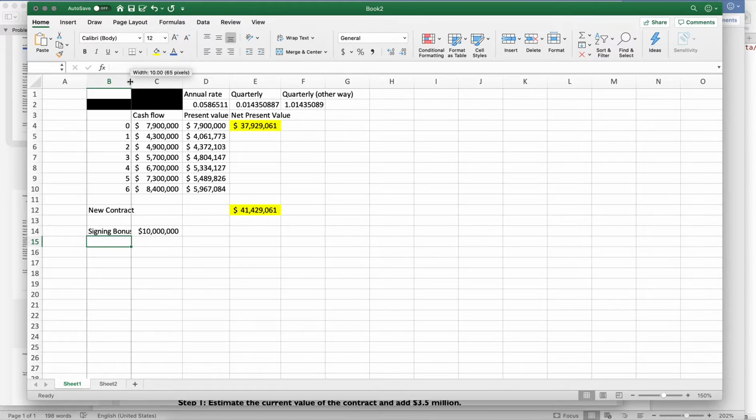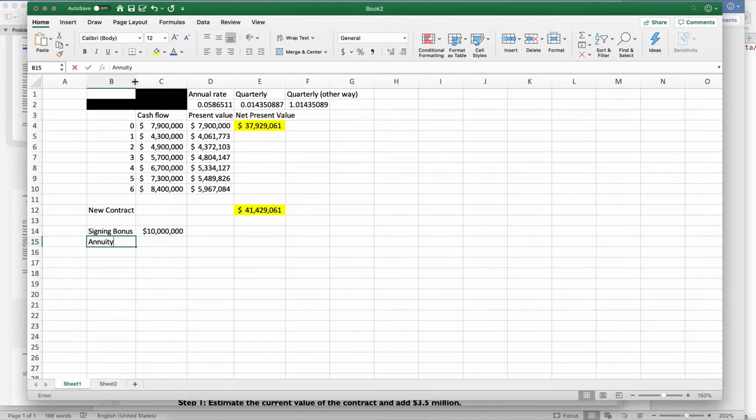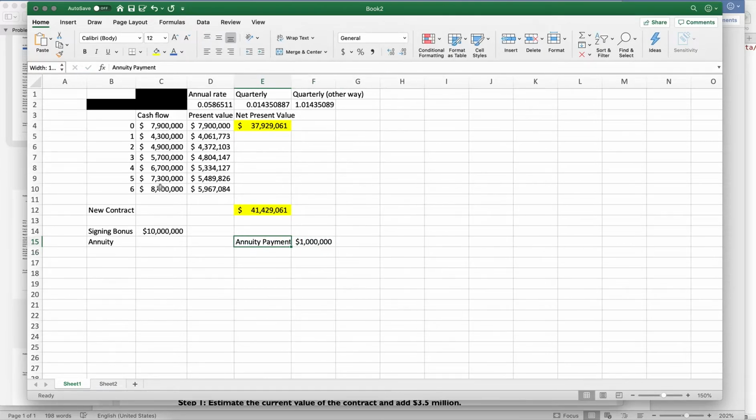And then he wants an annuity that pays every 3 months, and let's just put annuity payment here. For now we're going to use a placeholder of $1 million as the annuity payment, and the contract NPV is going to be the sum of the annuity and the signing bonus.